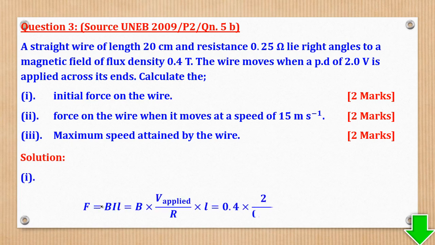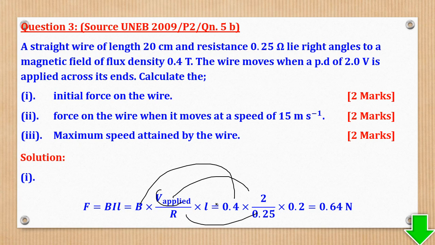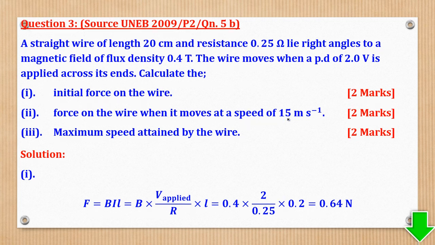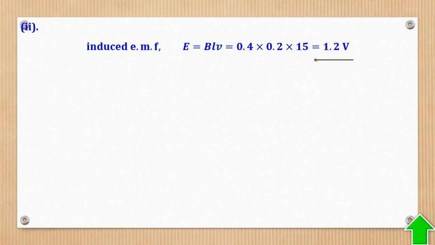So Roman 1, initial force is BIL, I is PD applied over resistance, so substitute B, PD applied, resistance, and length to give you this. Then the force on the wire when it moves at a speed of 15 meters per second. So the induced EMF will be BLV, which is this.